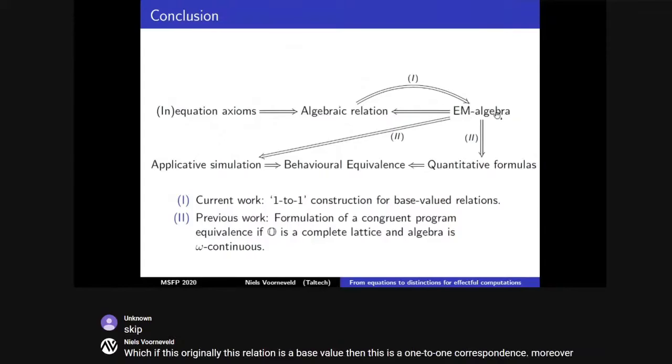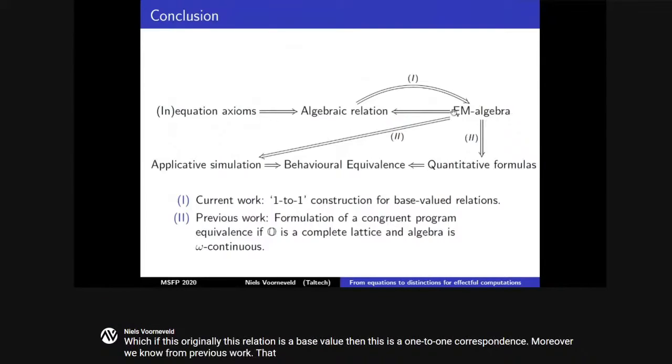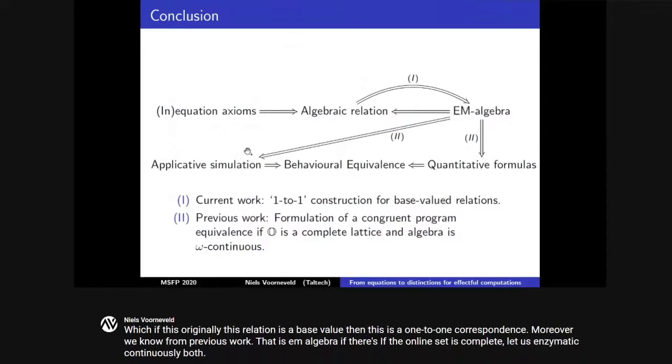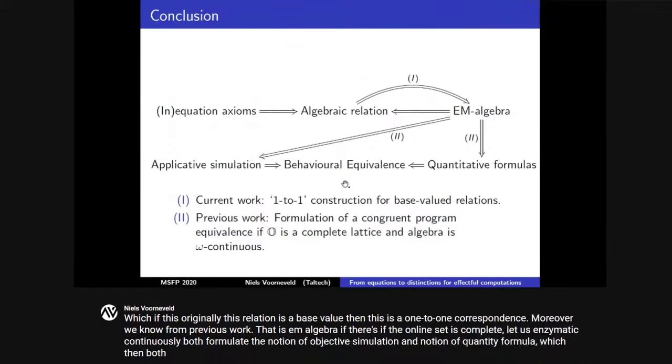Moreover, we know from previous work that this EM algebra, if the underlying set is a complete lattice and is omega continuous, they both formulate a notion of applicative simulation and a notion of quantitative formula, which then both imply the same notion of behavioral equivalence.